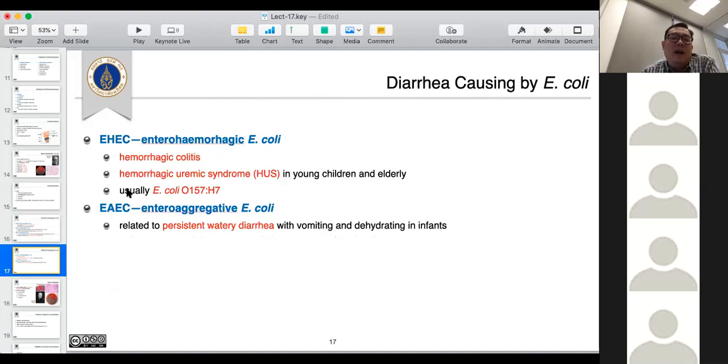They cause hemorrhagic colitis or hemolytic uremic syndrome in young children and very old people, particularly caused by E. coli O157:H7, the causative strain. And the last one, enteroaggregative E. coli, is related to watery diarrhea, causing vomiting and dehydration in infants. So the causative agents are different.